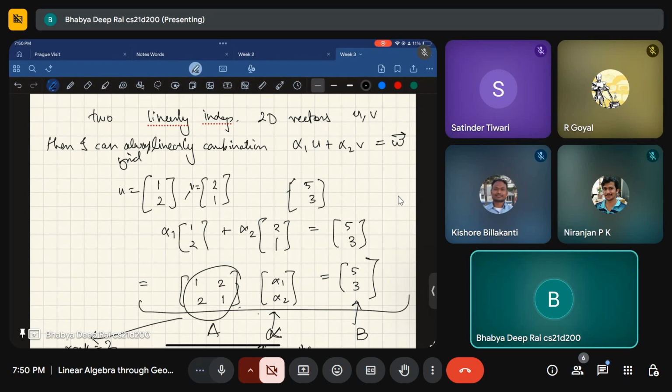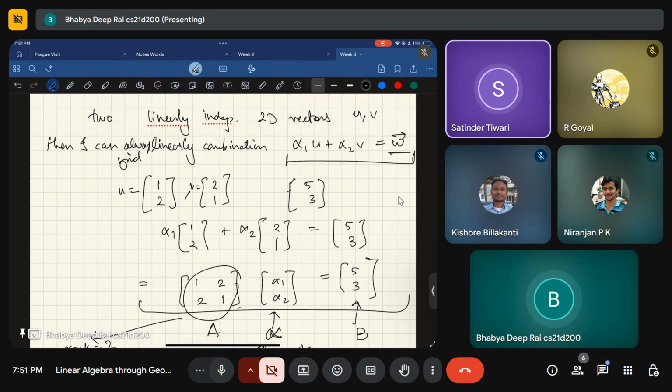If they are linearly independent with each other, I can always solve these equations and get alpha 1 and alpha 2, and then I can compute them. So any vector, given two linearly independent vectors, I can always combine them linearly and get any other vector.